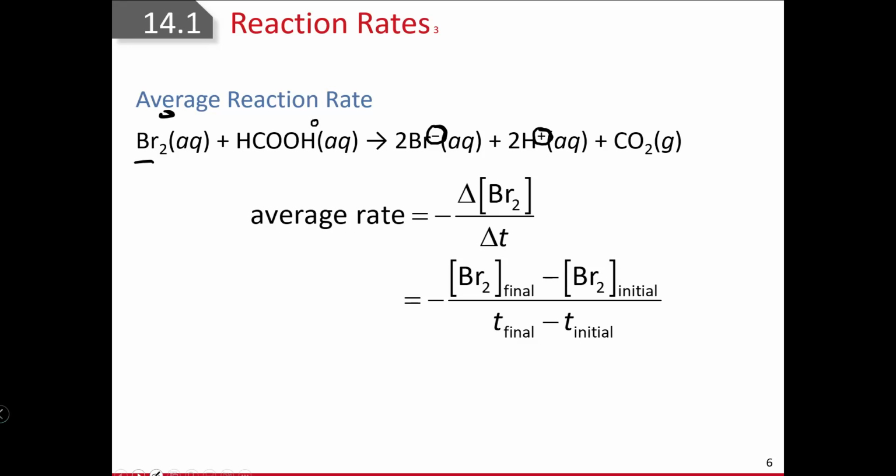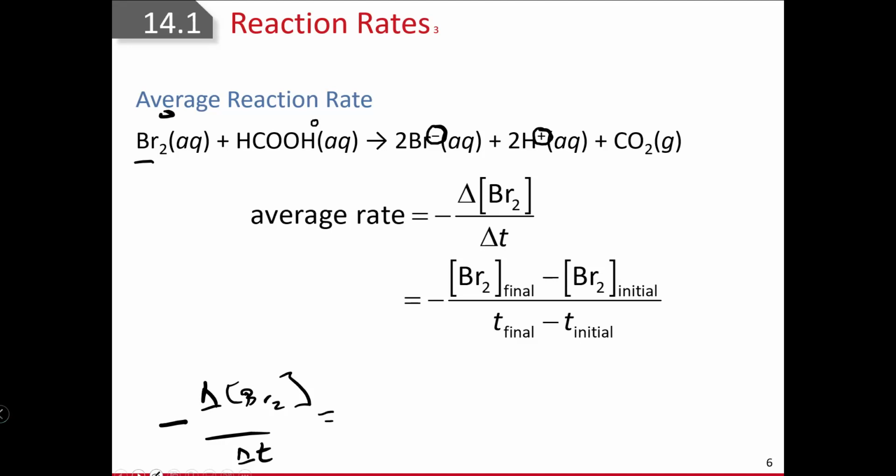So the average rate is equal to, we can write the average rate in relation to any one of these substances. We could say it is the negative of the change in the concentration of bromine over the change in time. And again, we'd have to put a negative out here because its concentration is decreasing through the course of the reaction.